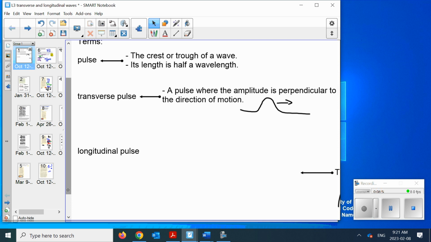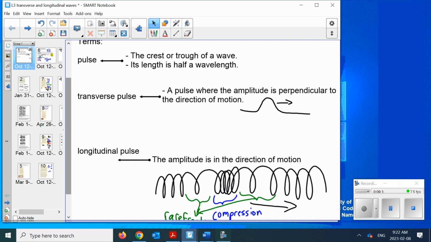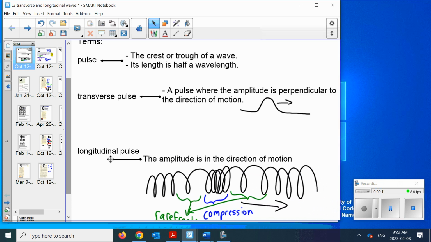Okay, and then the word longitudinal. The other kind of pulse that we're talking about is a longitudinal pulse. The amplitude is in the direction of motion. There's a couple of words.